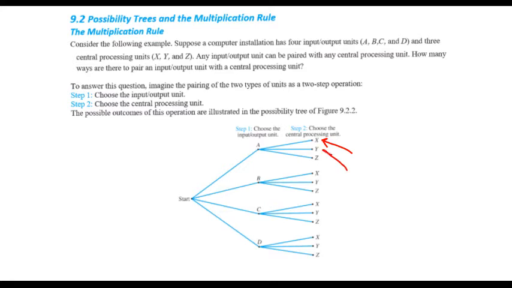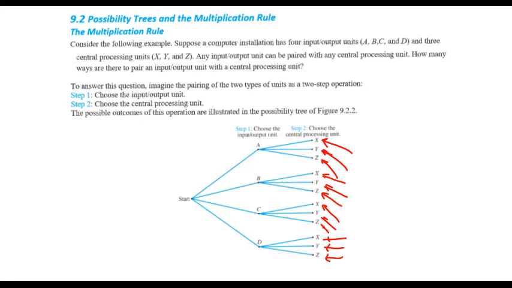Then A and Y is the second one. A and Z is the third one. B and X first, B and Y, B and Z. Then C and X, C and Y, C and Z. And finally D and X, D and Y, and D and Z.